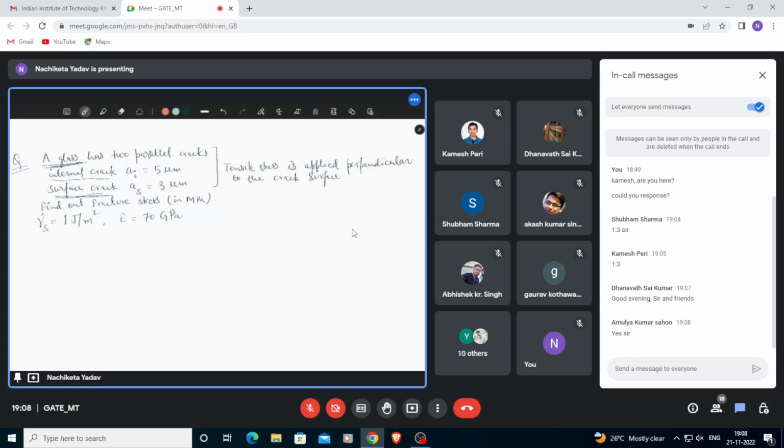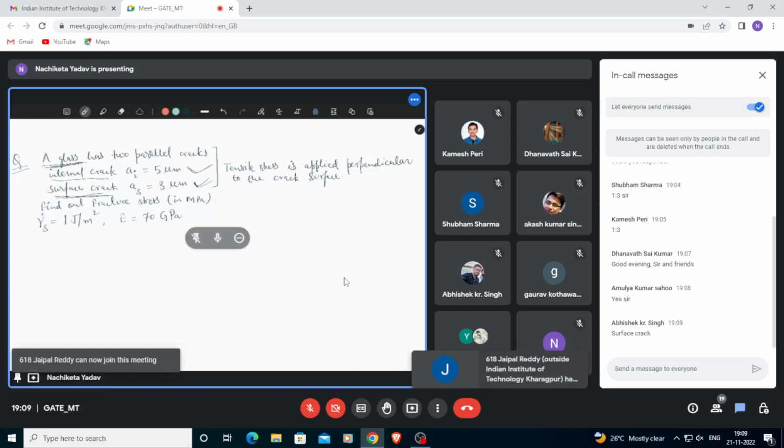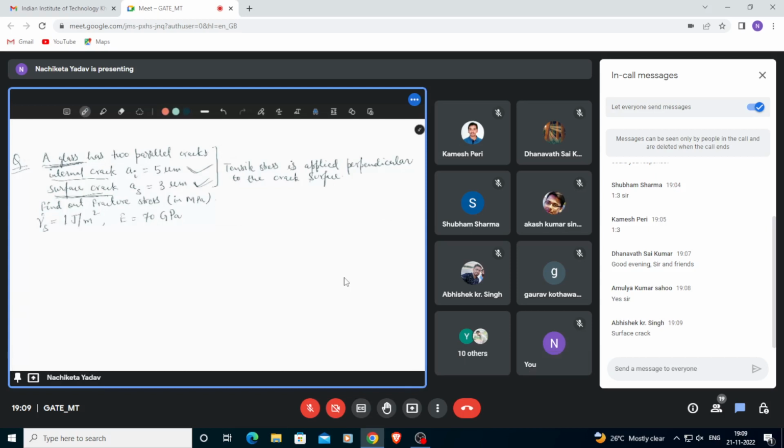In the formula, which one will we use? Will we assume the internal crack or the surface crack? Can anyone tell me? Here both are given. You are saying surface crack, but why will we use surface crack?